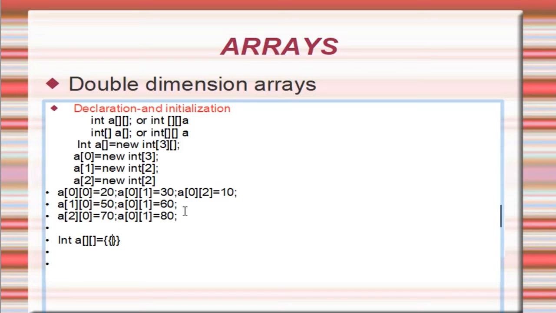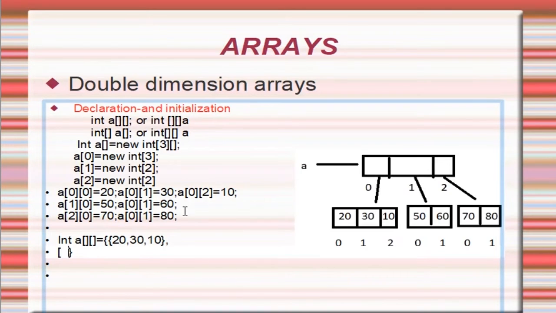So here I want to store 10. What is the first value here? 20, 30 and 10. So this is the first subarray. And the next subarray consists of 2 elements, 50 and 60.